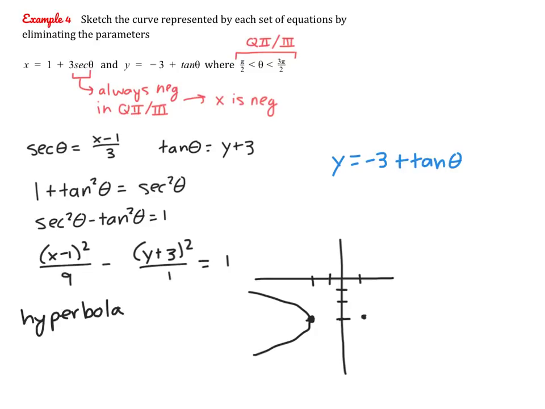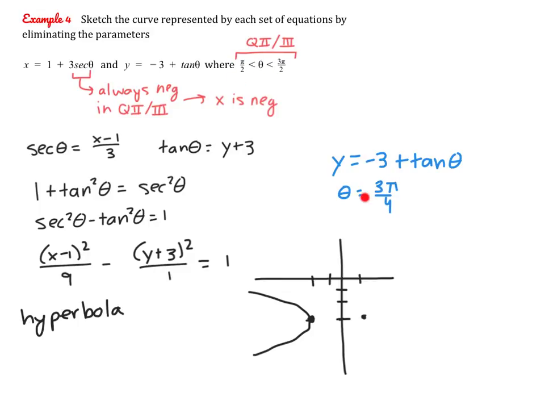Okay, let's pick some nice points because we know that there are some nice points for tangent. We know that tangent is equal to positive or negative 1 when the reference angle is pi over 4. So let's use the value 3 pi over 4 because that's a value in quadrant 2, so it's within our interval.